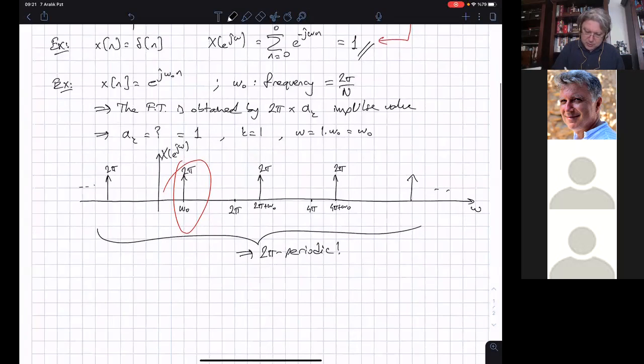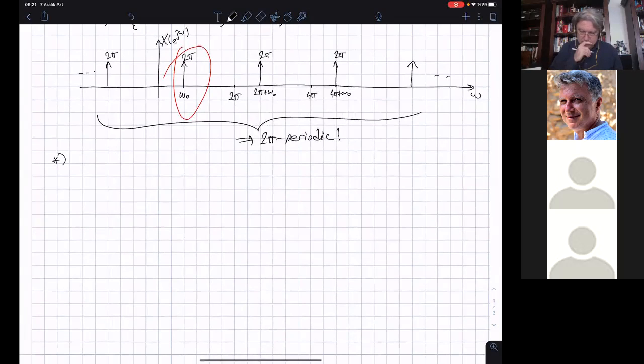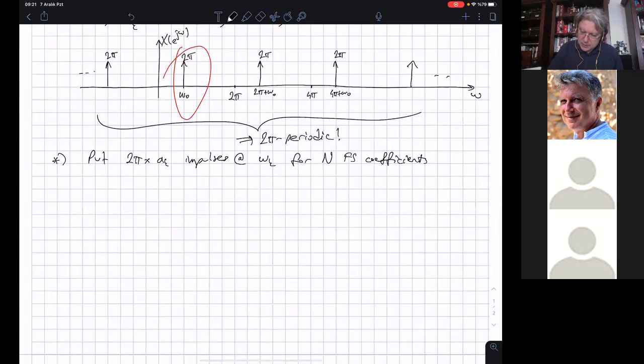So our observation is: put 2 pi times a_k impulses at omega k for the N Fourier series coefficients, let's say between 0 to 2 pi or minus pi to pi.